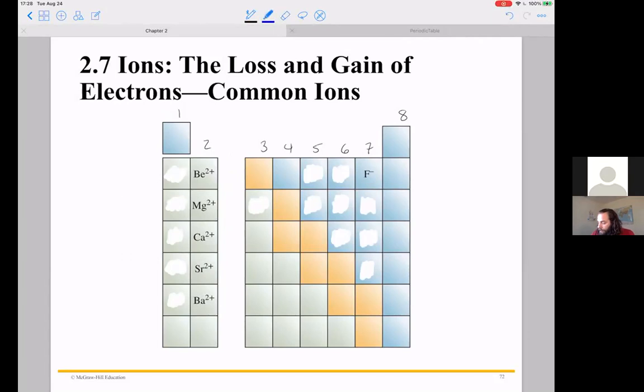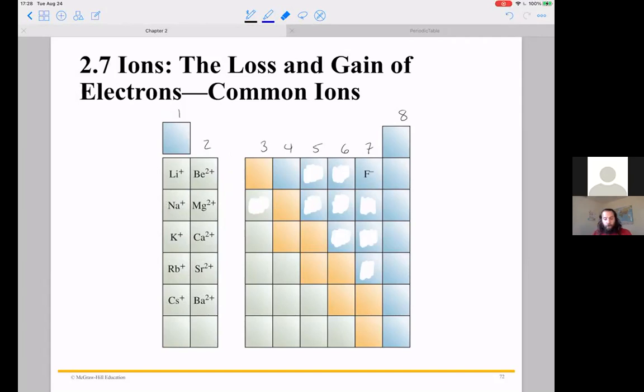Lithium, these first column elements here, want to get rid of 1 electron in order to form a noble gas configuration. So they form +1 ions.